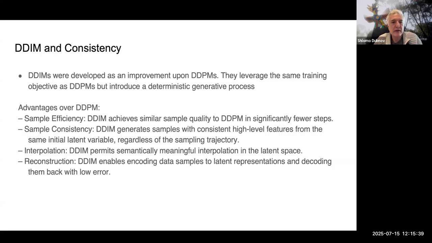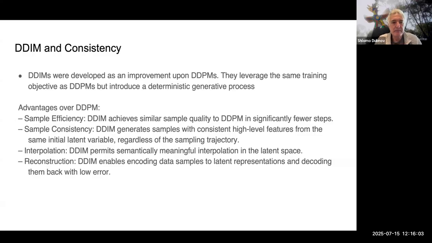It also introduces the idea of sample consistency, which means that when you start from the same initial latent state, regardless of the sampling trajectory, you'll arrive at the same solution. And it also has some other advantages like interpolation and reconstruction.